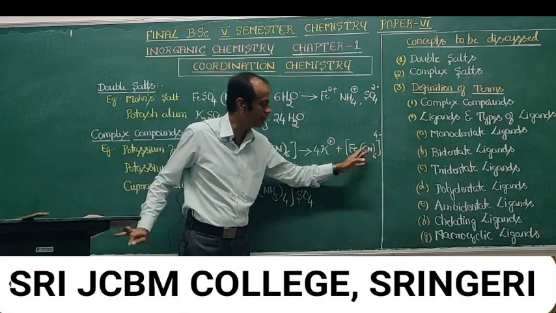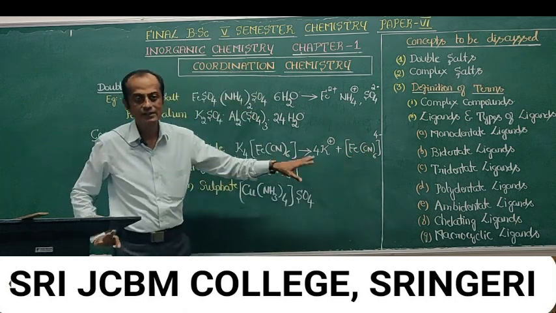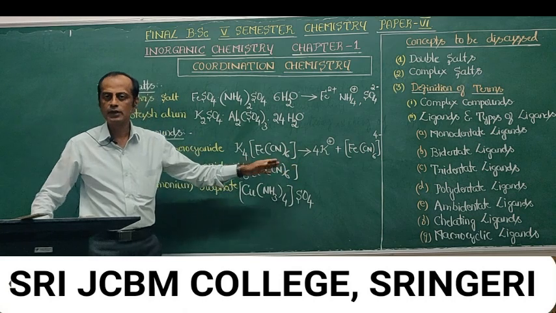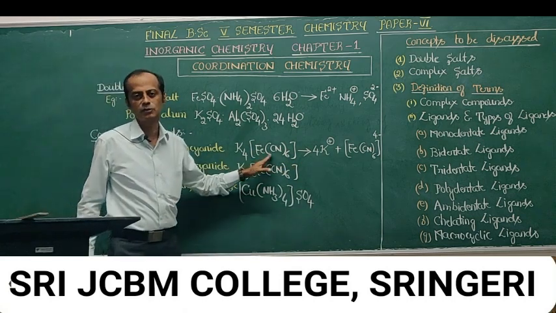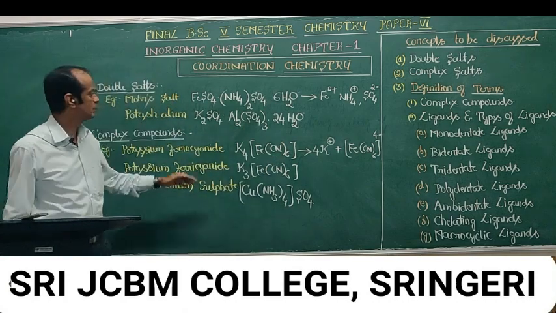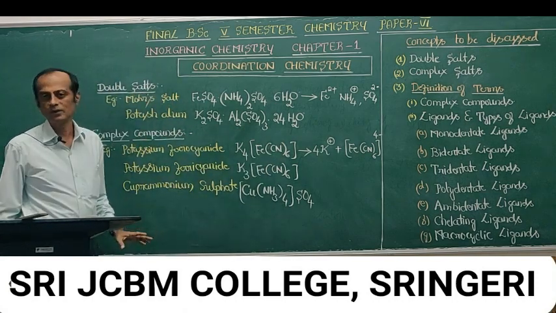That means the complex ion ferrocyanide ion is present even in the solution. That's why complex salts retain their identity even in the solution. These are the two basic differences between a double salt and a complex compound.